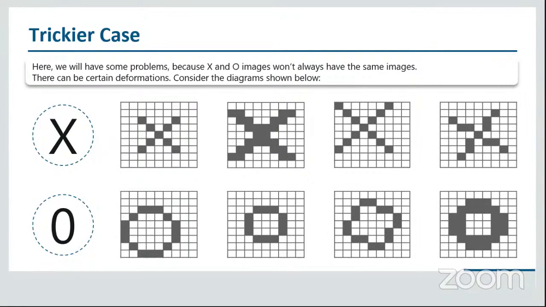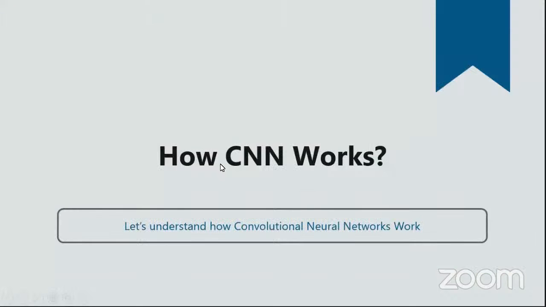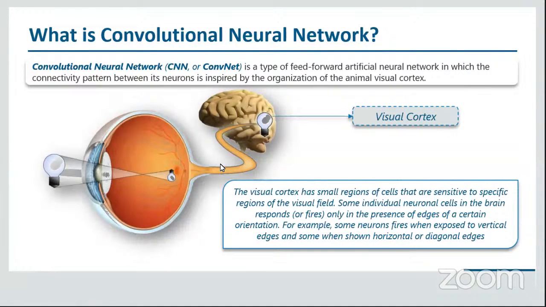To overcome that, we tried to borrow one of the things available as part of the human eye, and that's where we said we will see if we can make a simple connection rather than a fully connected thing. That's where we came ahead and saw the convolutional neural network based on the inspiration of our visual cortex.